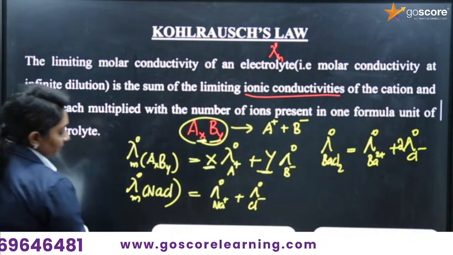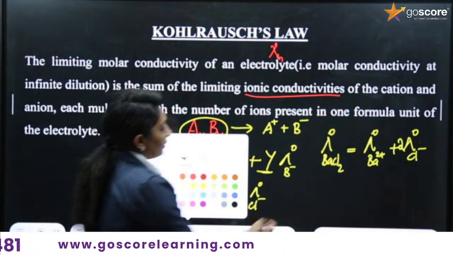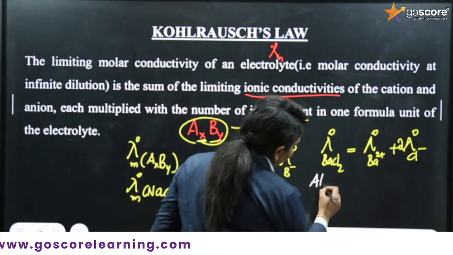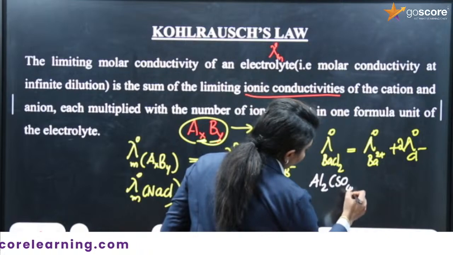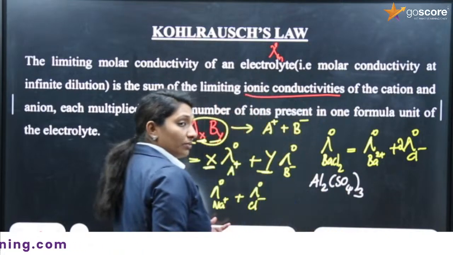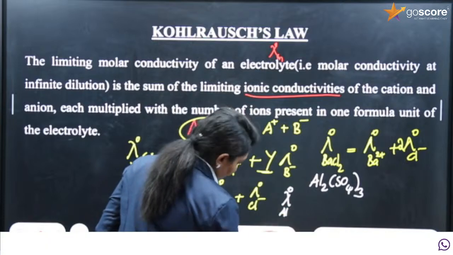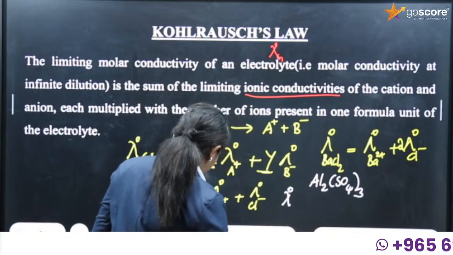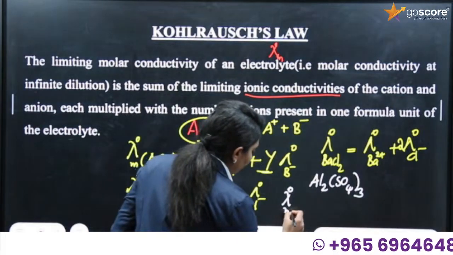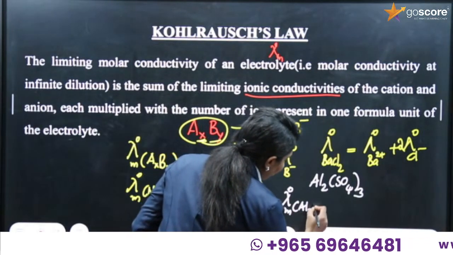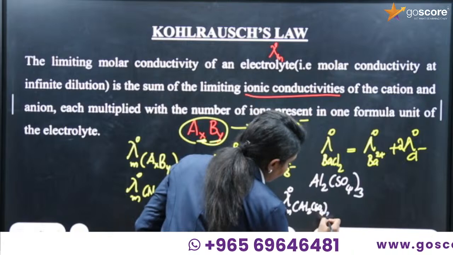If so, just tell me what will it be for aluminium sulfate, Al2(SO4)3. What will be the limiting molar conductivity of Al2(SO4)3?